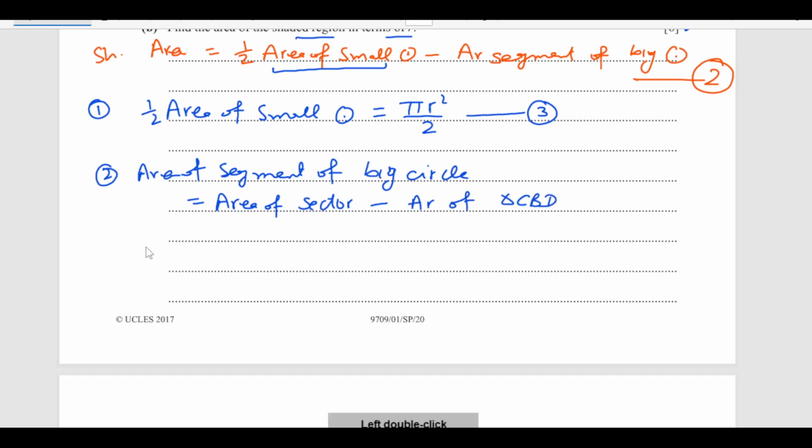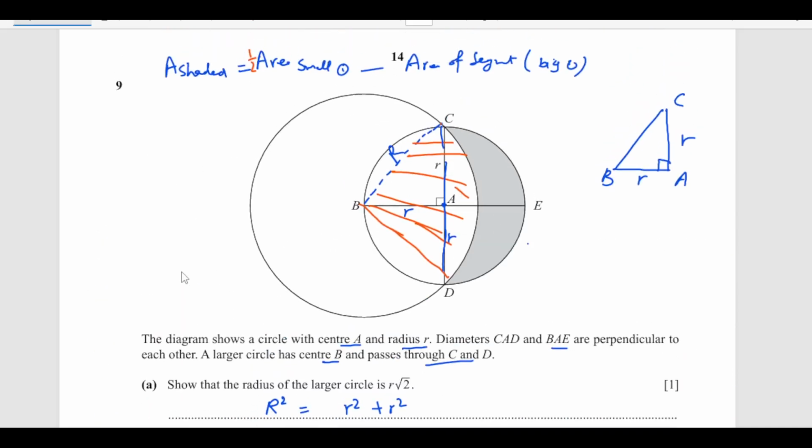So, area of sector is half capital R squared theta, and then triangle area is half times base times height, right. So, this is half R squared theta minus half. Now, let us see what is the base of this triangle. If you look at this triangle, this one here, let me erase this one.